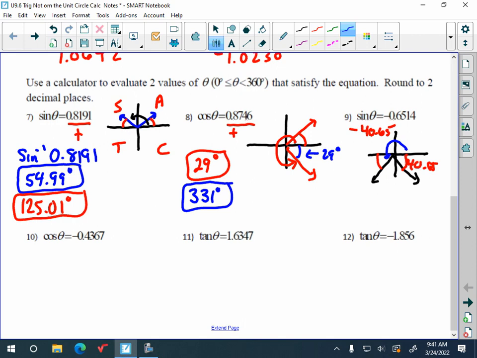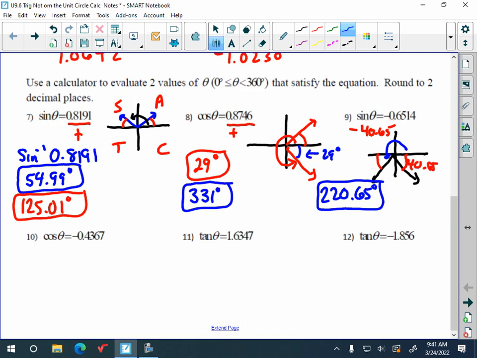There you go. Yeah, so from here to here is 180, right? That's half a circle. And then we want to add this angle on. So that would be another 40.65. So we take 180 plus 40.65. All right, so that's 220.65. That's between 180 and 270, so it makes sense.